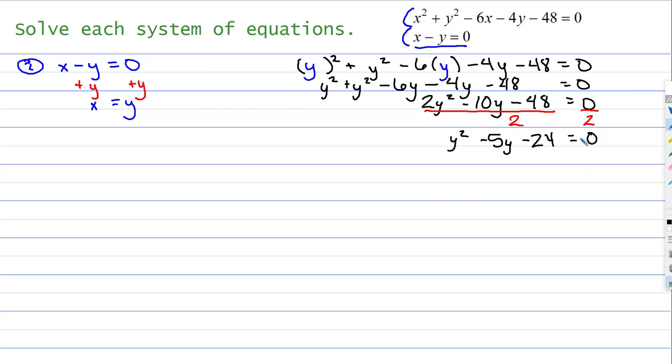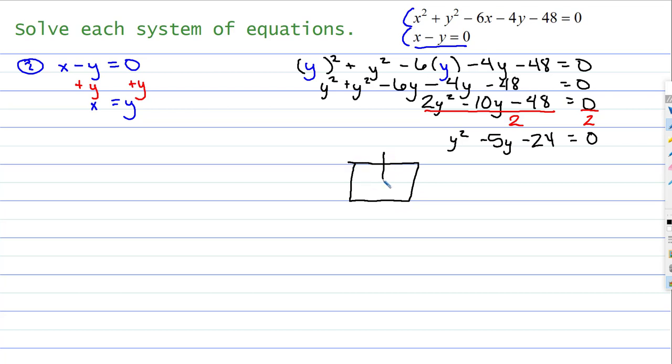Now, when there's a quadratic involved, you need to have all the variables on one side, and all the numbers on one side. And then you're going to solve either using the quadratic formula, or you can solve using the box method to factor.